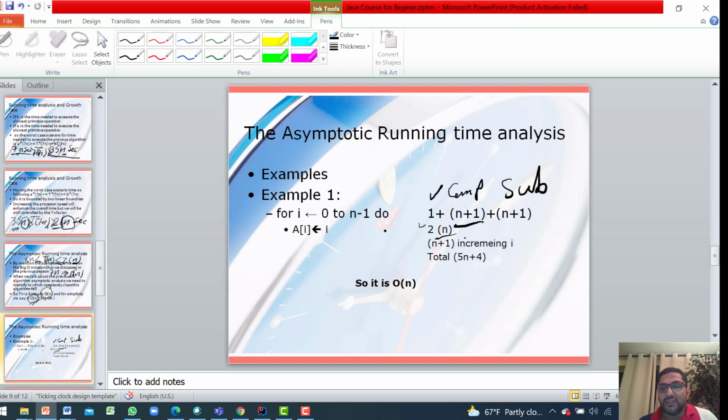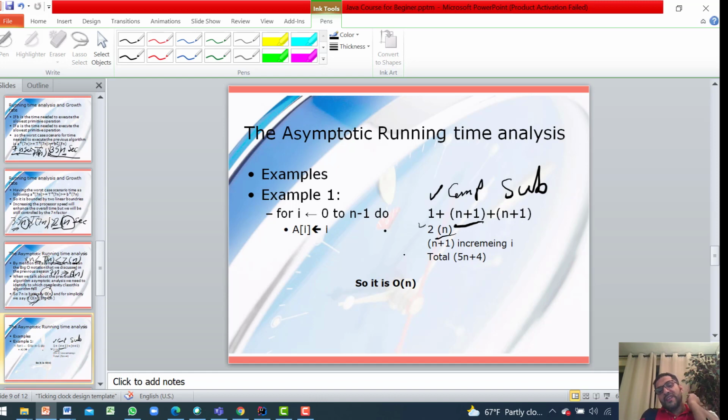So if I count, how many n's is this? n plus n, 2n, plus 4n plus 1, 5n. So 5n is here. 1 plus 1 plus 1, 3, plus 1, 4. So my complexity is 5n plus 4.